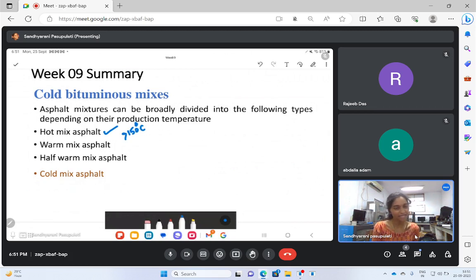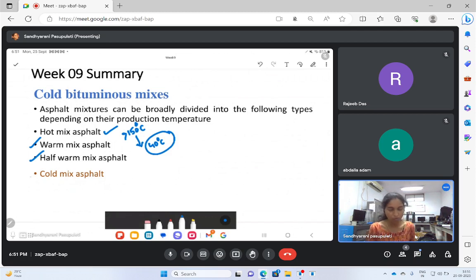We even heat the aggregates at the higher temperature so that we expect that the bitumen and aggregate mixture will be compacted properly. So in order to achieve the same compaction but at lesser temperatures, we progressed to warm mix asphalts, whose temperature would be less than 150. That would be around 40 degrees lesser approximately. And again in half warm mix, a little bit lesser than that temperature.